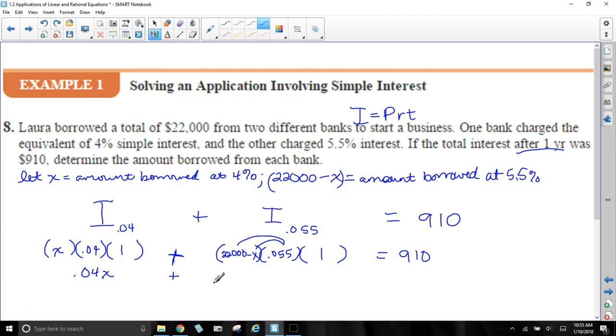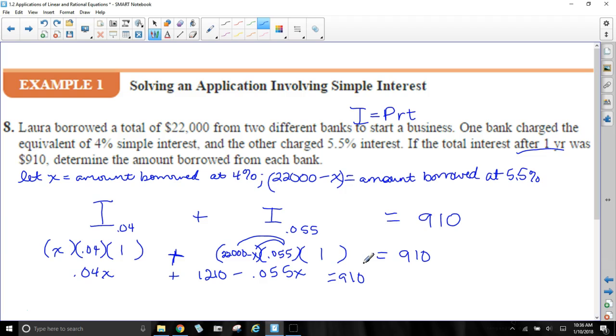And so 0.055, I gotta get a calculator here real quick. 0.055 times the 22,000, that is 1,210. Then we have minus 0.055 times x is 0.055x. And then times 1, right, of course, is just all that, equals 910.